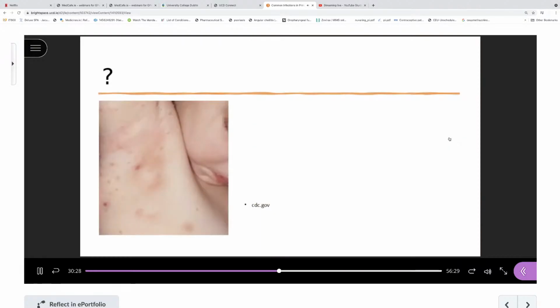So these little pearly raised lesions with a central umbilicus are molluscum contagiosum, very common in children. Children again spread them by touch and will also self-inoculate themselves. If they get one lesion by rubbing or scratching it, they will spread it. So we often see a cluster in an area like this.